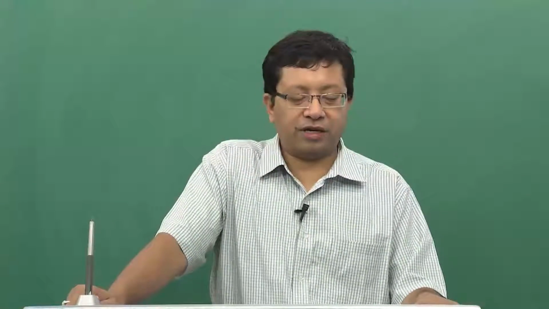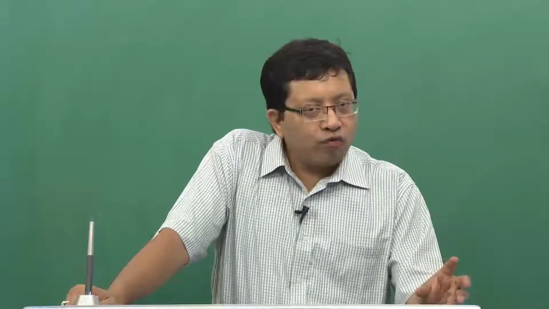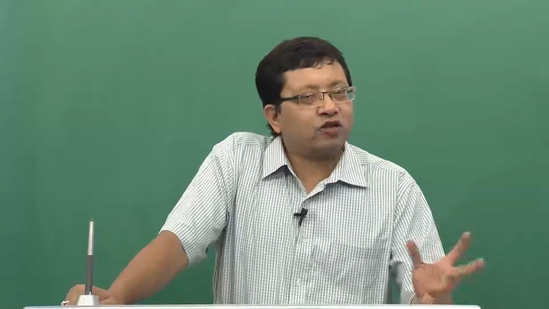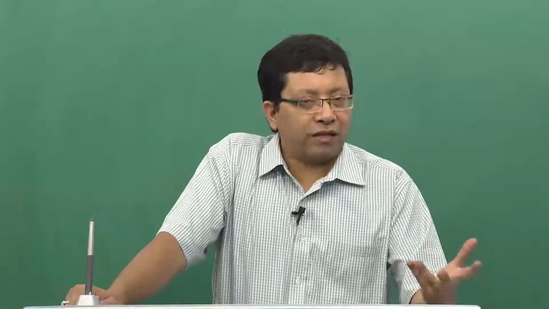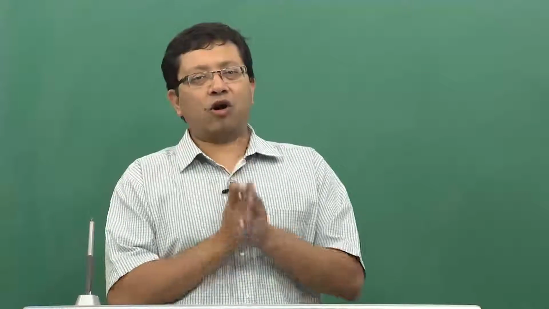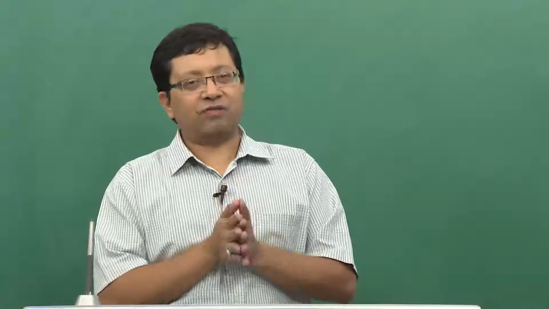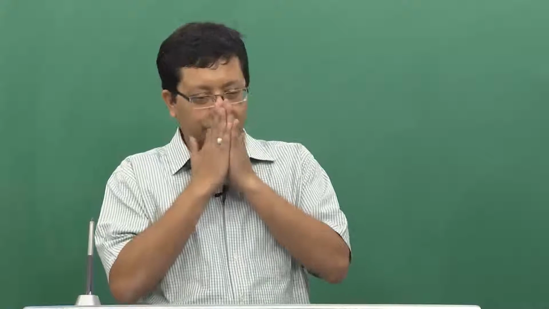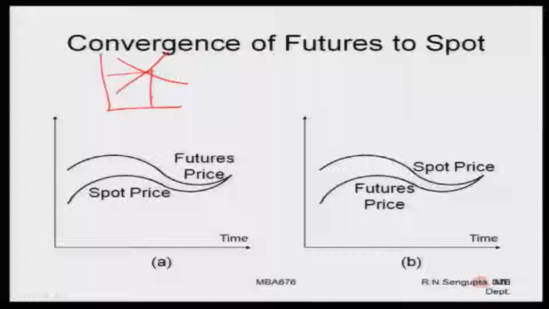So, let me explain it in detail. In room 1, which I have been mentioning, you have the actual spot, the product, the actual thing which you can see. Either it can be corn, log, gold, silver, copper, anything, maize, wheat, rice, which you are buying and selling and has a spot price.